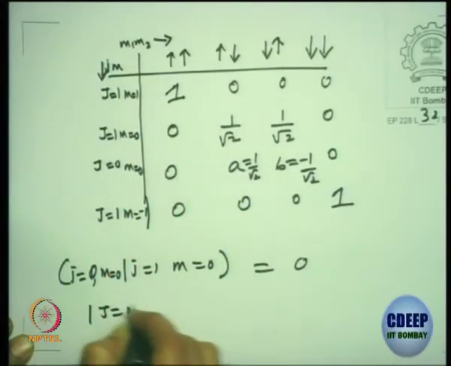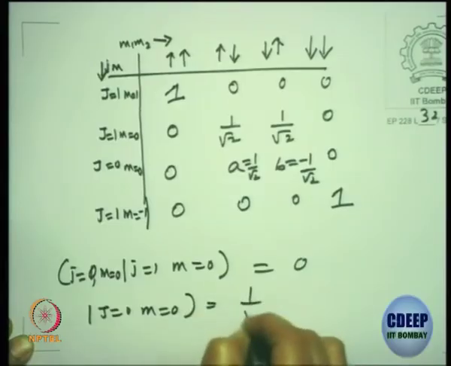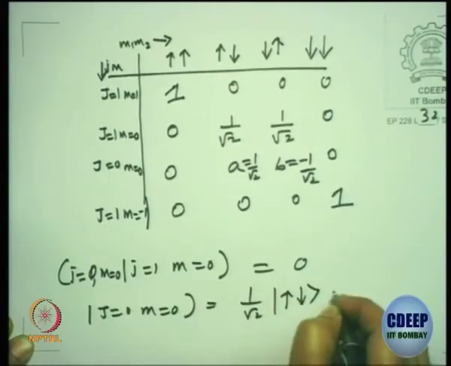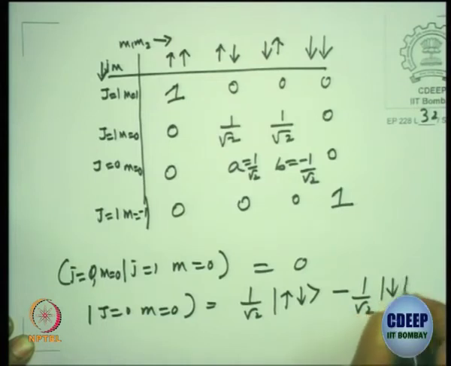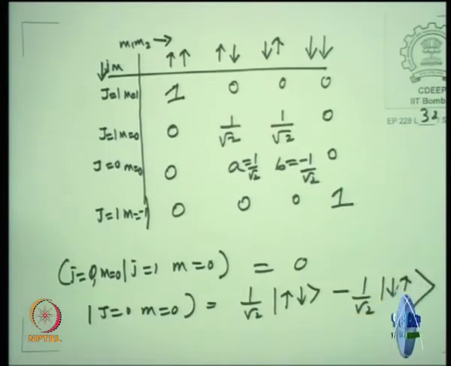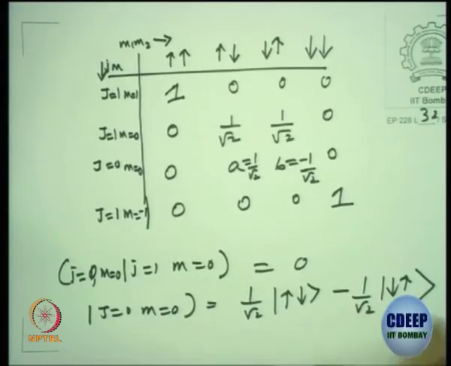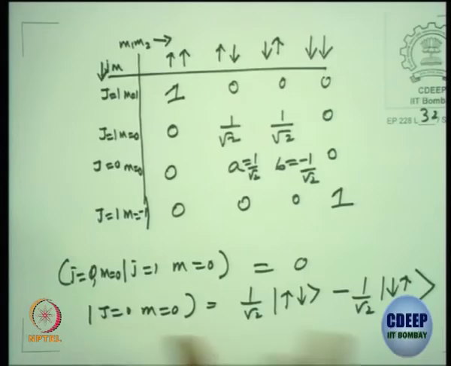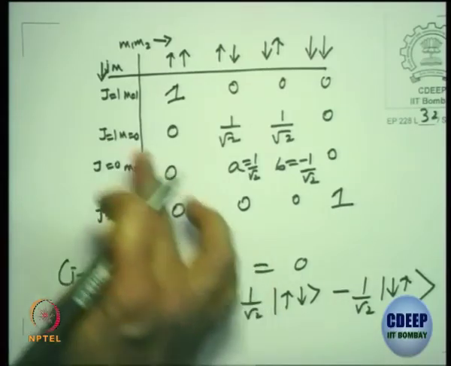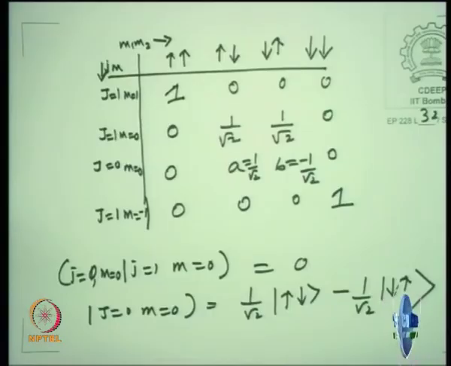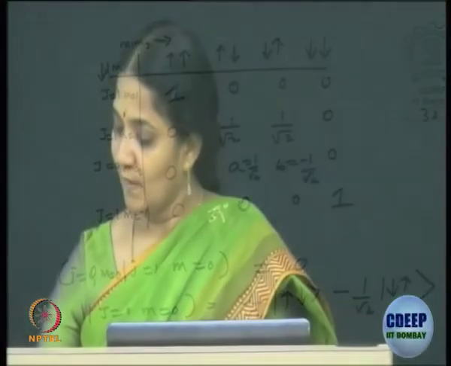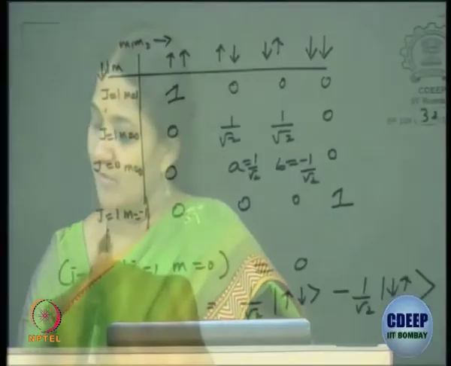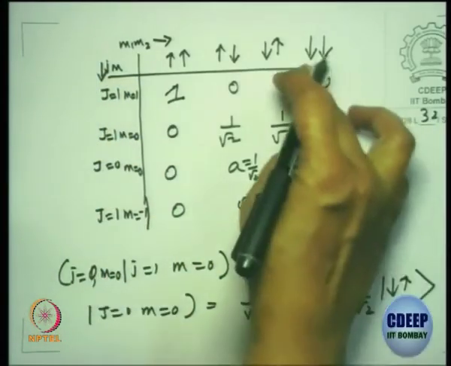So this way I have actually shown that J equal to 0, M equal to 0 is 1 over square root 2 up down minus 1 over square root 2 down up. The left hand side is a coupled state, the right hand side is in the uncoupled basis. Only these two states will contribute, and this has to be orthogonal to the J equal to 1, M equal to 0 state. Okay, so as an exercise, we also check that J equal to 1, M equal to minus 1 is down down, right?